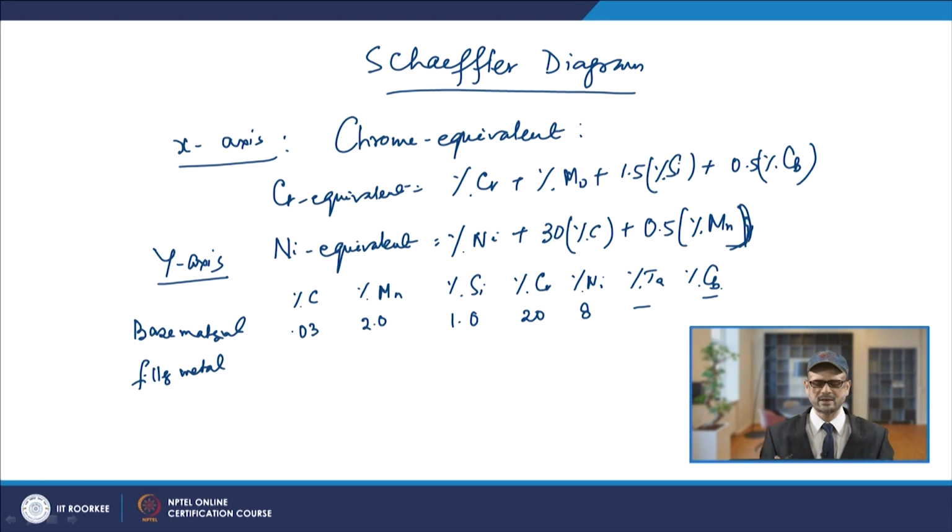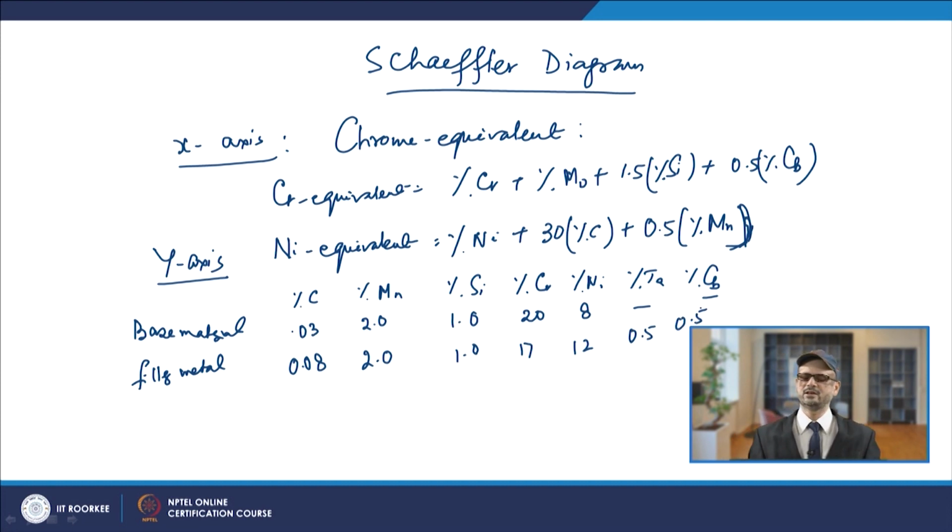And for the filler metal, you have 0.08% of carbon, 2% of manganese, 1% of silicon, chromium is 17%, and you have nickel as 12%, and 0.5 and 0.5 are the tantalum and the columbium.